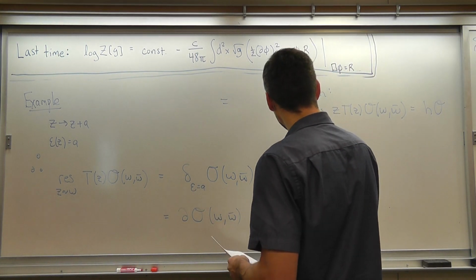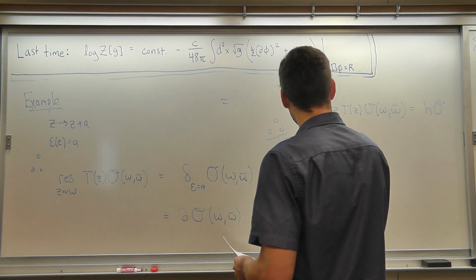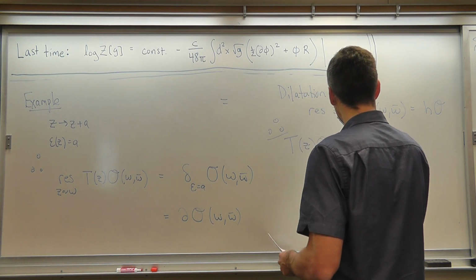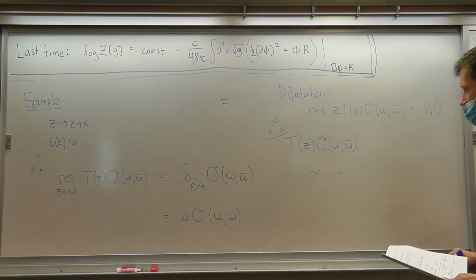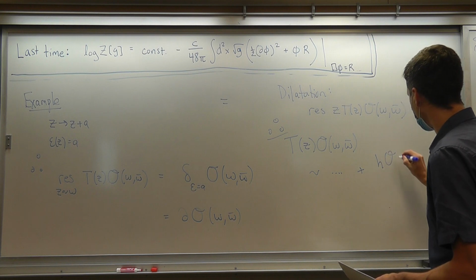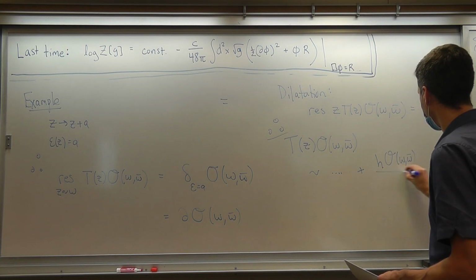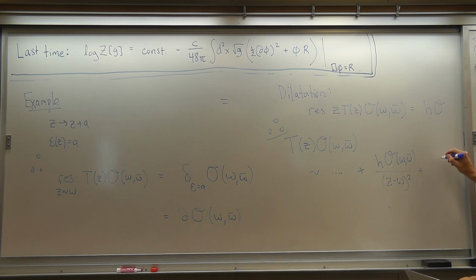Therefore, putting this together, we get T of z O of w, w bar. It can maybe have some even more singular terms, but we know that it has a term h O of w over z minus w squared for the dilatation, and we know that it has a term dO of w over z minus w for the translation.